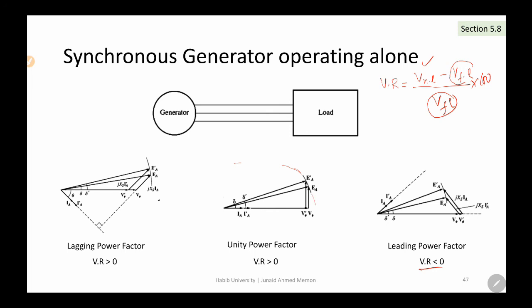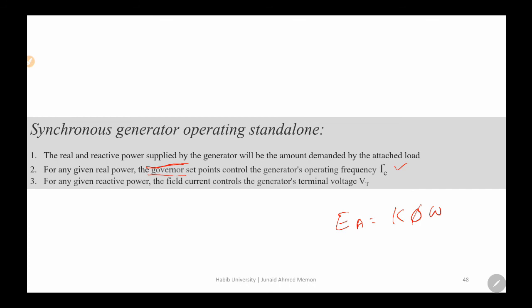It means you are also increasing the terminal voltage, as from this equation, V terminal is equal to EA minus IA times RA plus JXS. So if you increase this EA by increasing the field current, you can also control the terminal voltage. That we also discussed in the last Q&A session.